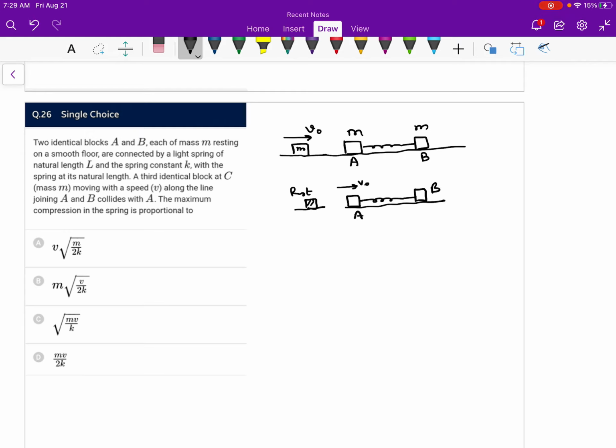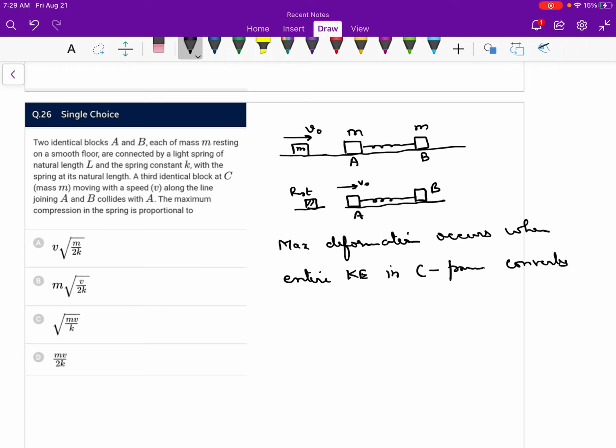Now maximum deformation occurs when the entire kinetic energy in the C frame converts into potential energy, that is half m into m upon m plus m, v0 minus 0 whole square is half k xm square.